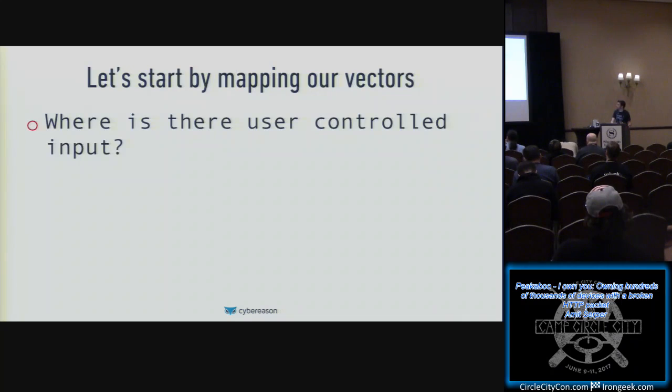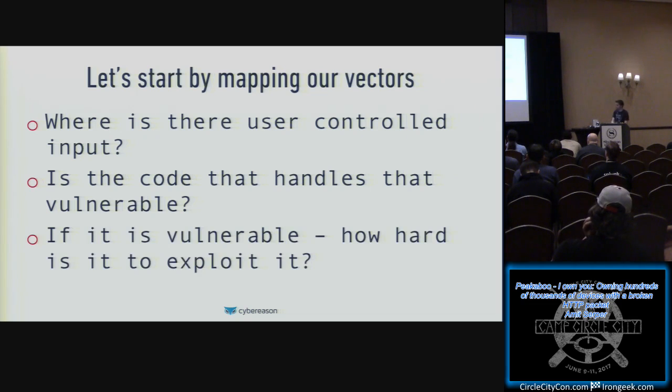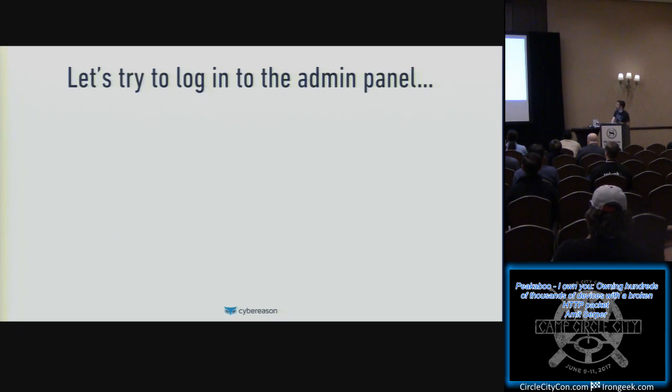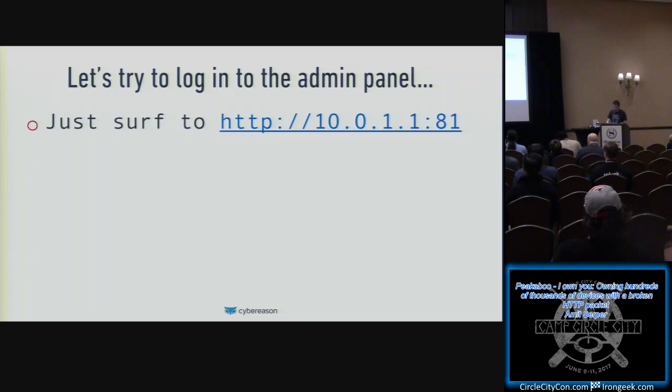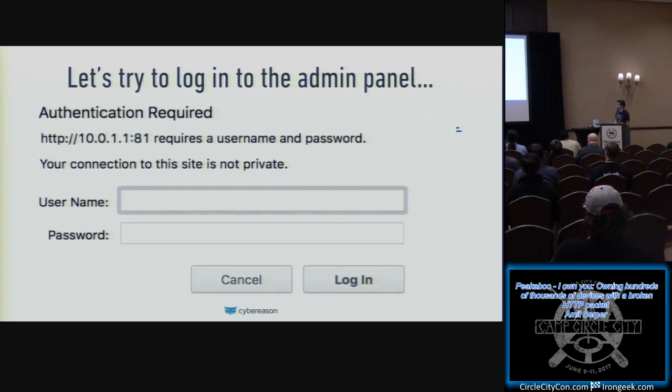So let's start by mapping our attack vector. Where are there user control strings? Where can we manipulate something? Where is the code that handles those user control strings? And is it vulnerable? And if it's vulnerable, how hard is it to exploit? So the first thing you do when you want to set this thing up, you fire up a browser and go to the administration panel. That's the IP address, that's the port, and you immediately get a password box.